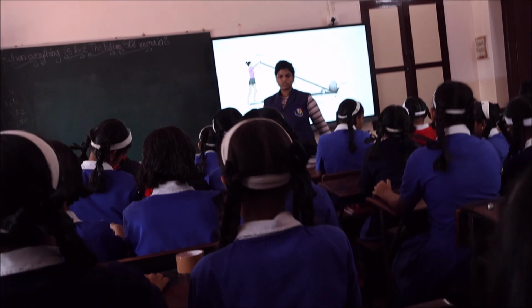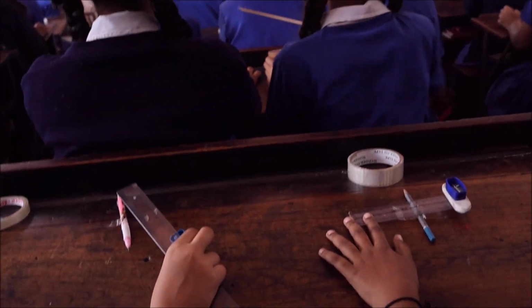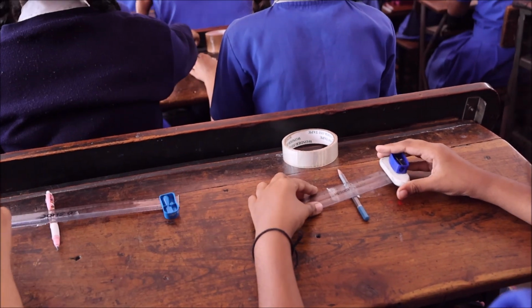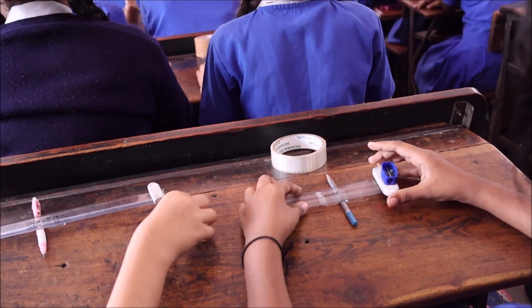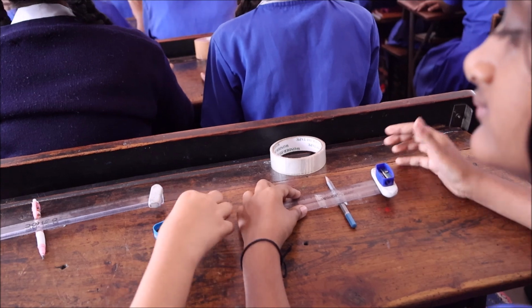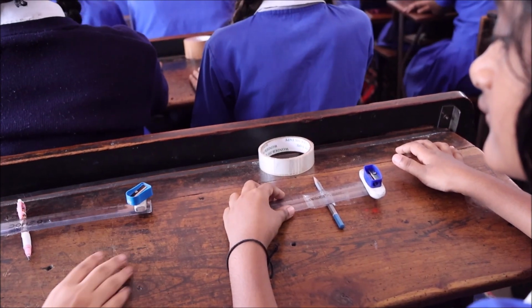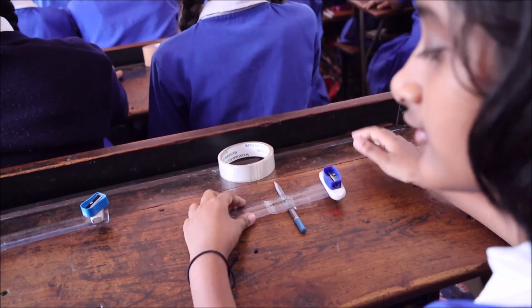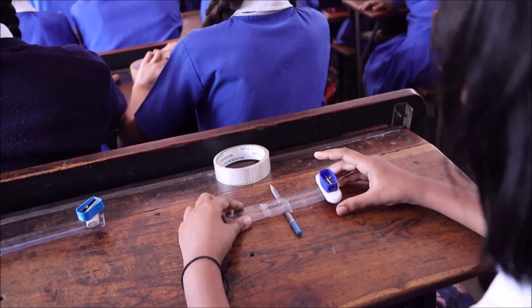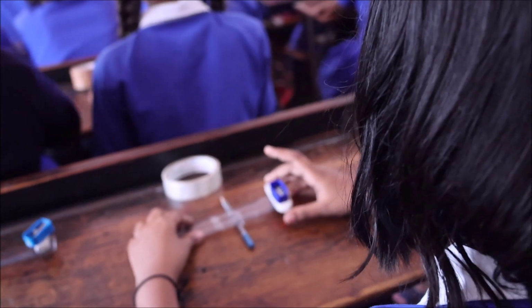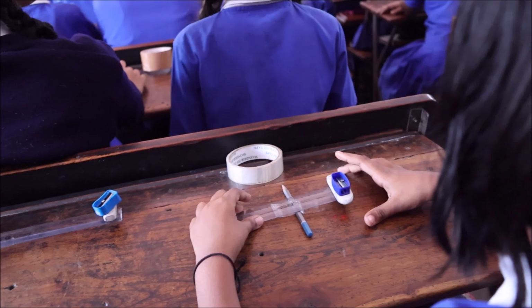Now try with the longer scale. Same thing. Those who don't have one, it's okay, no problem. Just try with the longer scale and you will see that the longer the arm, the easier it is to lift. Isn't it?